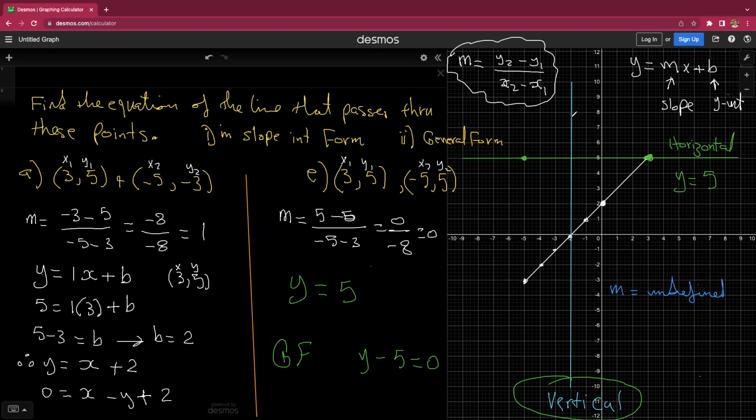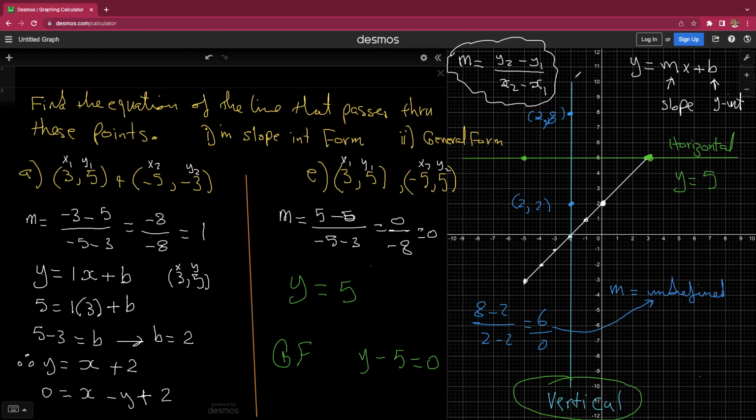Because if we take 2 points on this line, 2 and 2, and 2 and 8, and we try to do the slope between these two, we get y2 minus y1, so 8 minus 2, over x2 minus x1, which is 2 minus 2. We get 6 over 0. We cannot divide by 0, so that's why the slope is undefined.